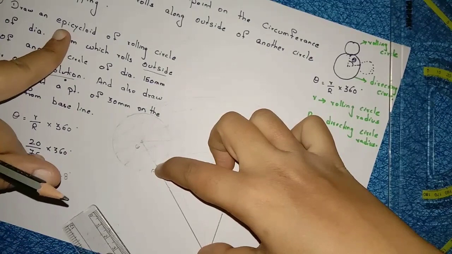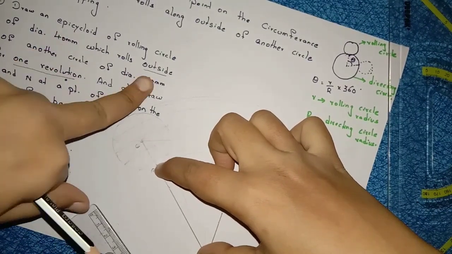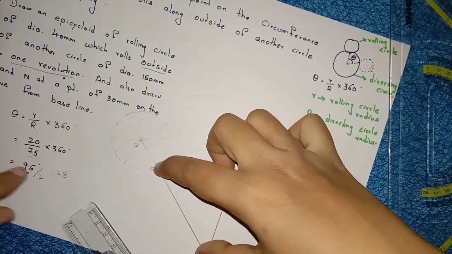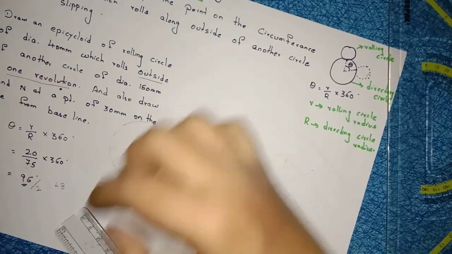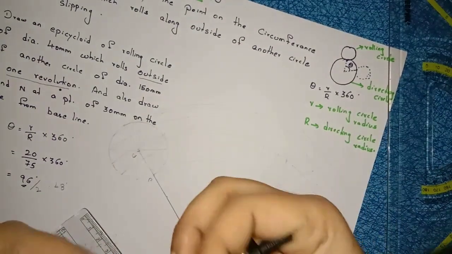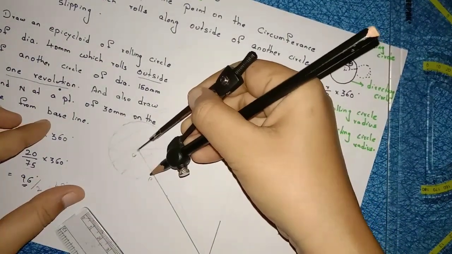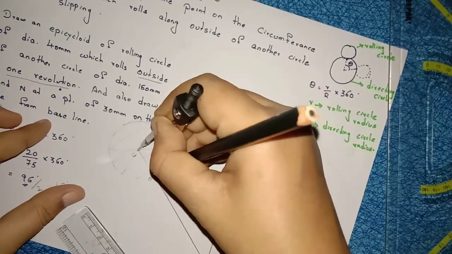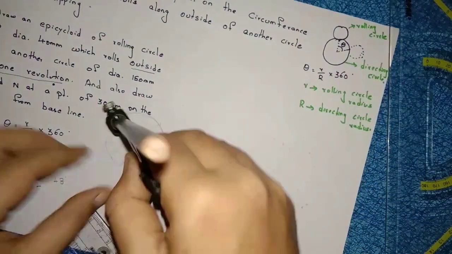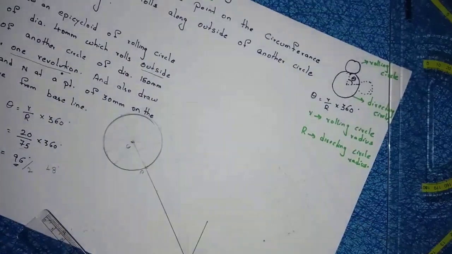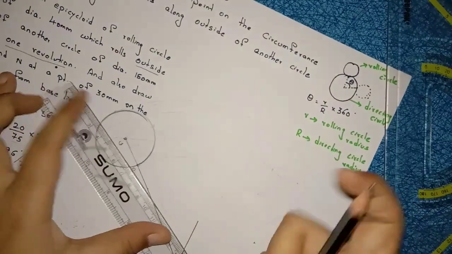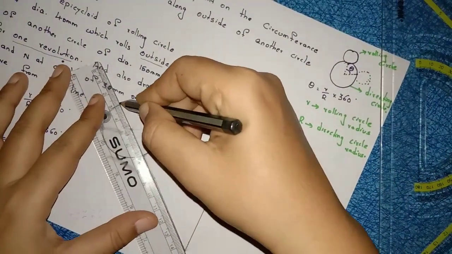So here we are going to construct the epicycloid. Epicycloid means we should draw outside. So from here I am drawing outside, radius 20. After that, with C as center and CP as radius, I am drawing a circle, and I am extending this line.